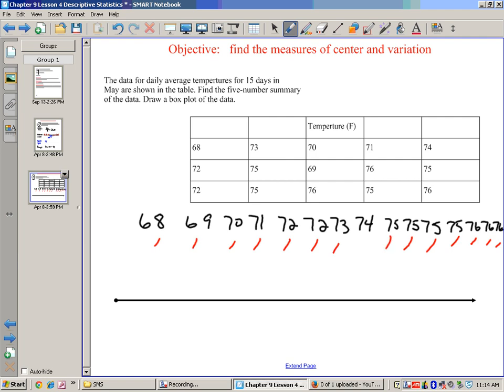So our median for our box plot is 74. 74 is the median temperature found for this table that we have.